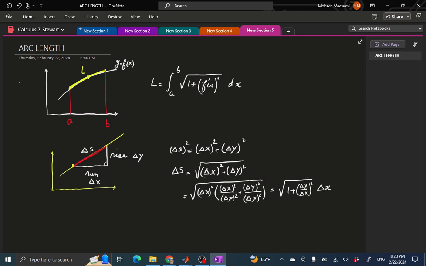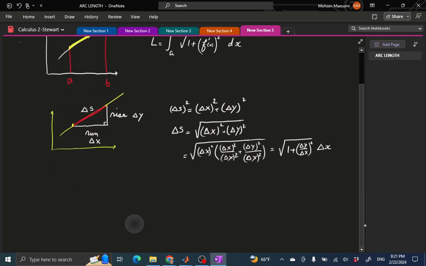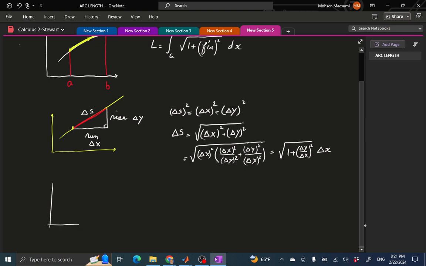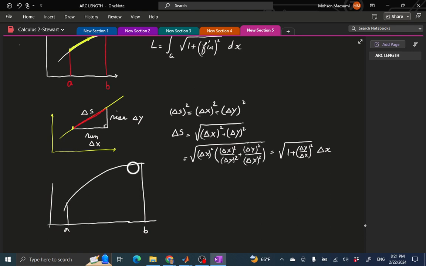Well, what does it mean to integrate from a to b? The idea is very simple. If I have a curve instead of a straight line, draw a curve like this, and suppose this is the beginning point and this is the ending point. What would I do? I can approximate this by a bunch of straight line segments.